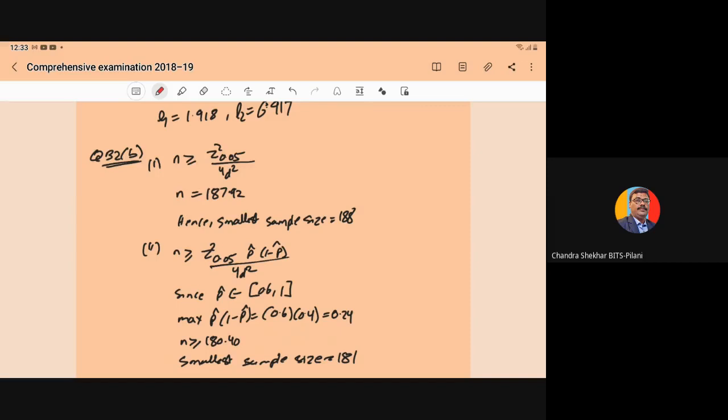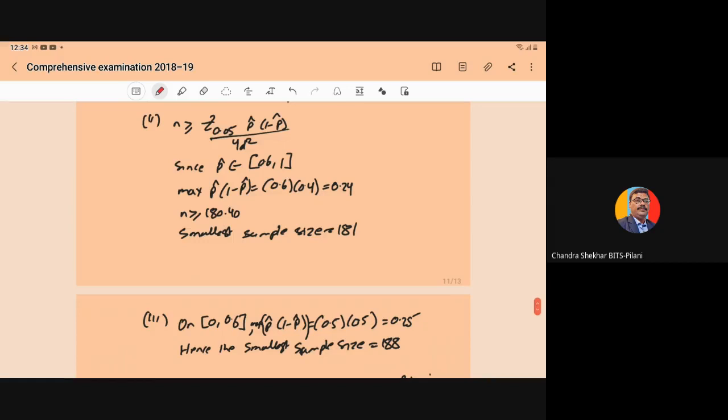Since p cap belongs to 0.6 comma 1, the maximum of p cap into 1 minus p cap lies when p cap is equal to 0.6. So here we have 0.6 into 0.4, that is 0.24. When we put this value in the above formula, you will get n greater than or equal to 180.40. So the smallest sample size will become 181.